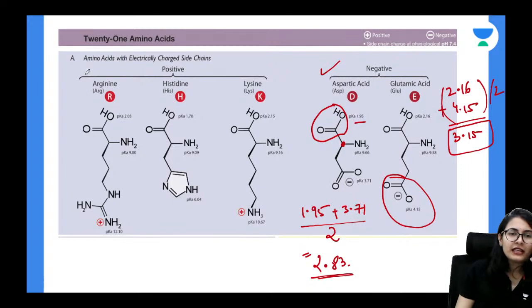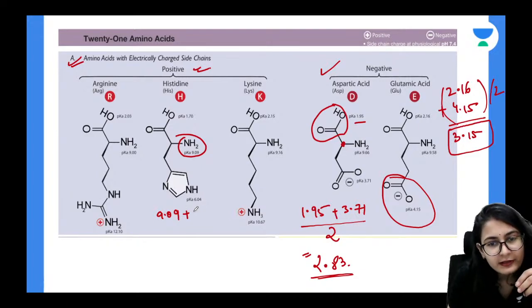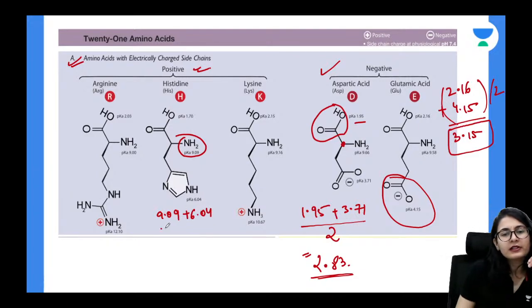Now let's come on the amino acids with the positive side chain. अब इनका क्या करेंगे guys? Positive side chain में you have two similar acids. What are those? One similar acid is your amine, 9.09 for histidine plus another one is 6.04. इनको करो divide by 2.